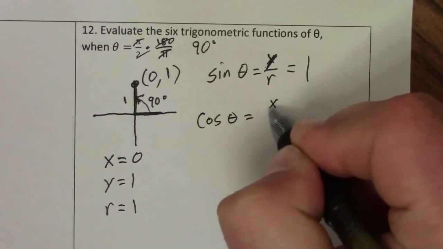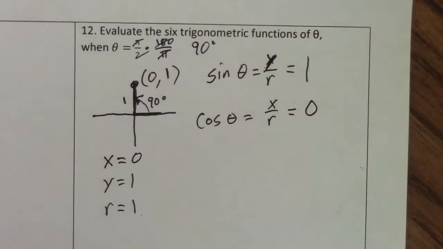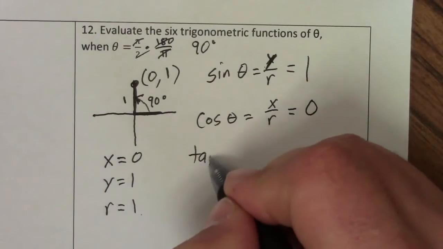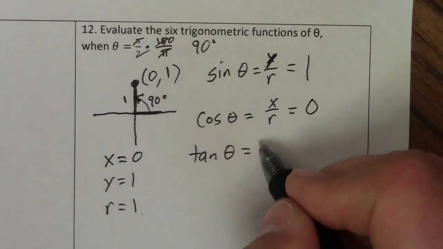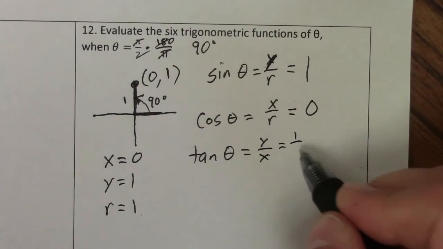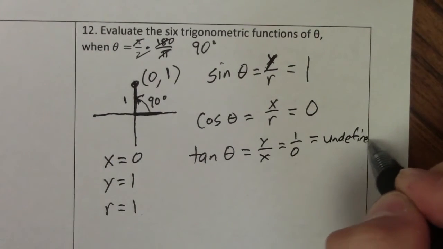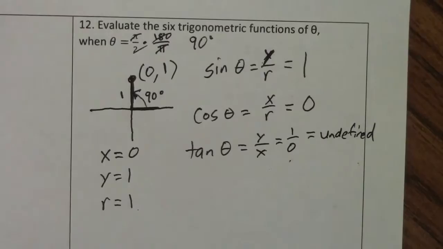Cosine theta is x over r. So in this case, it's 0 over 1. So that's just 0. Tangent theta is y over x, which is 1 over 0. So it's undefined because 0 is in the denominator.